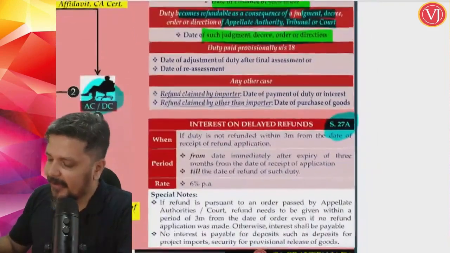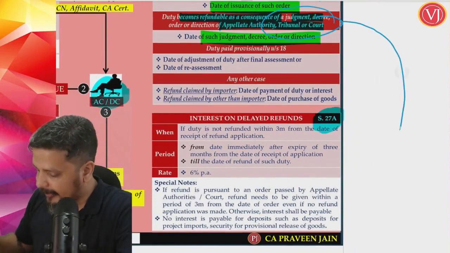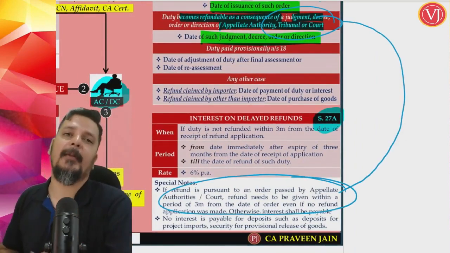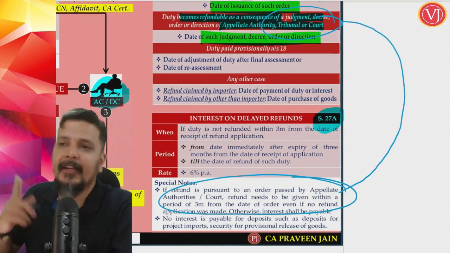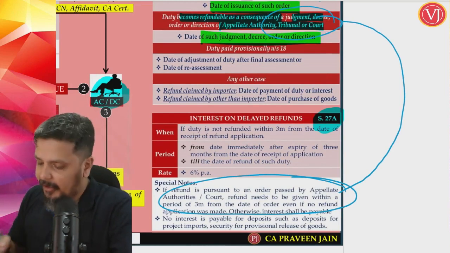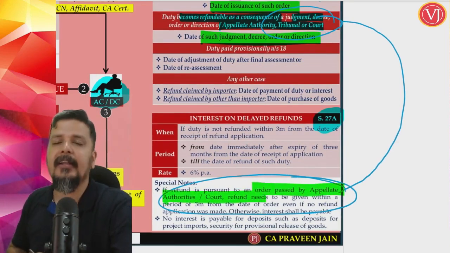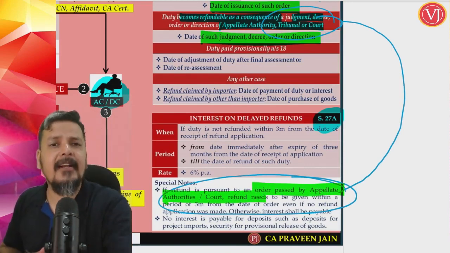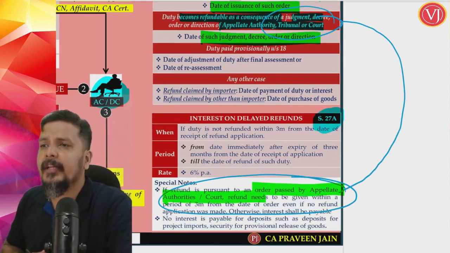Now, understand that technically, if you are getting a refund because of an appeals order, you need not even make a refund application. Though they have given a relevant date, technically speaking, if you get a refund because of an order of an appellate authority, tribunal or court, you need not even make a refund application. The officer is bound to give you the refund.